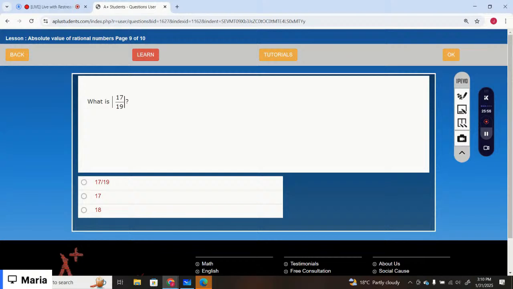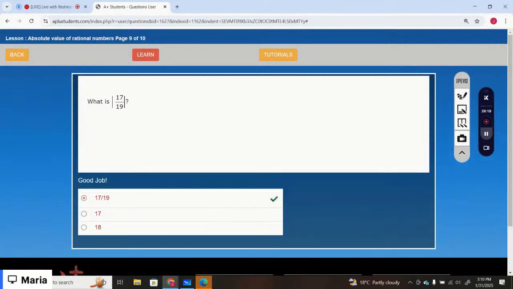What is the absolute value of 17 over 19? Option number one is the correct option.